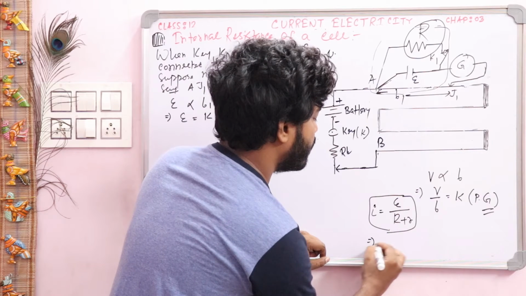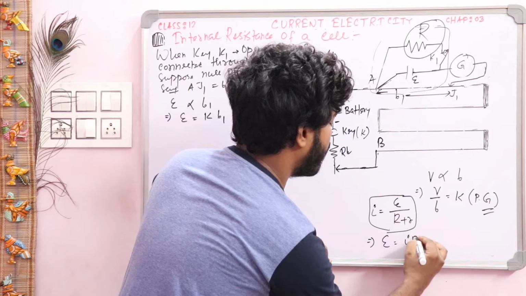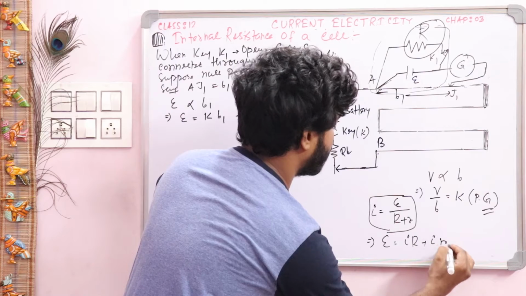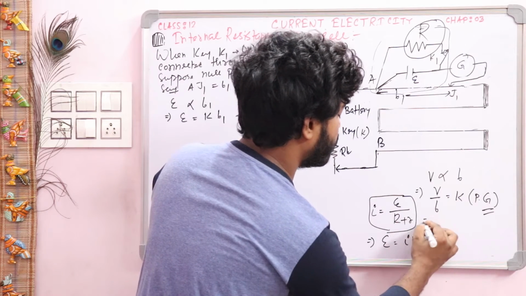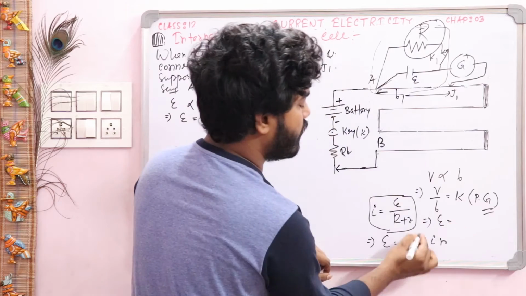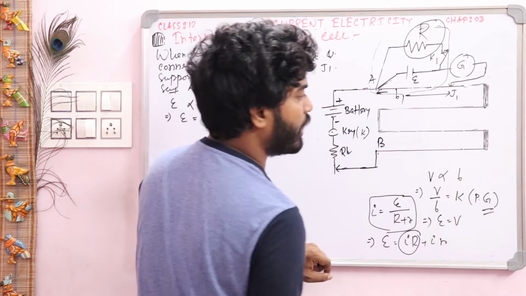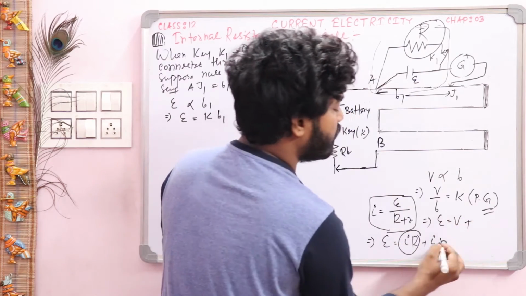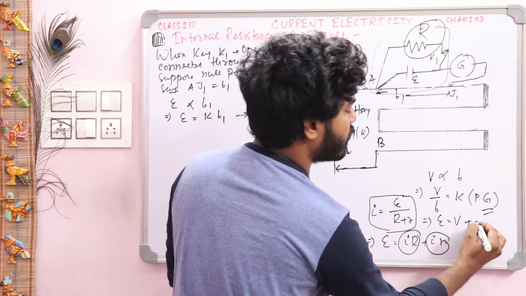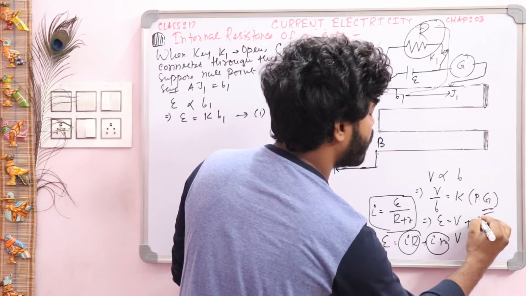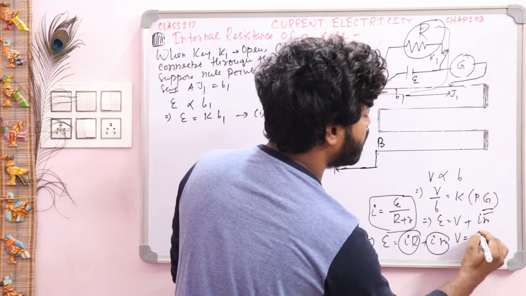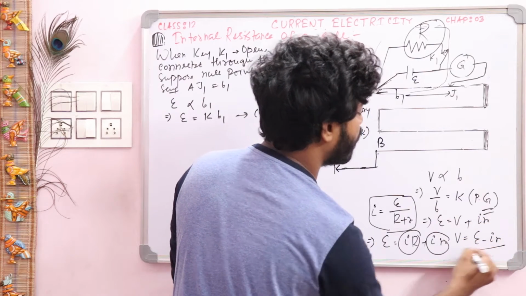Therefore E is equal to IR plus I into r. Here IR is the terminal potential difference V, and Ir is the voltage drop. So V equals E minus I into r.